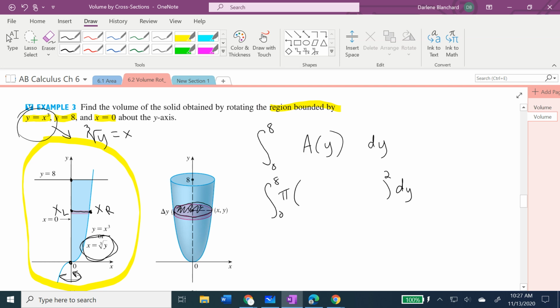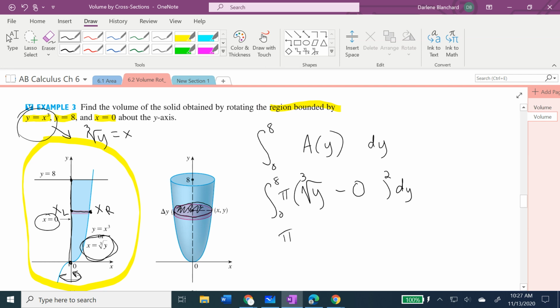The left x value is x equals 0. So you do the x on the right minus the x on the left. And again, you do not have to write the minus 0. I'm overemphasizing the formula. And then you've got it. Now it's just a matter of simplify a touch.